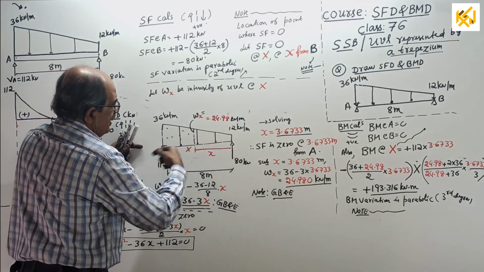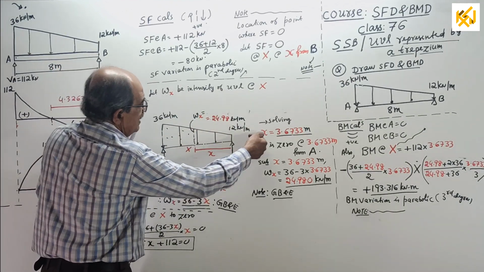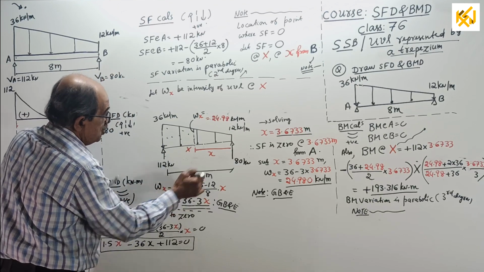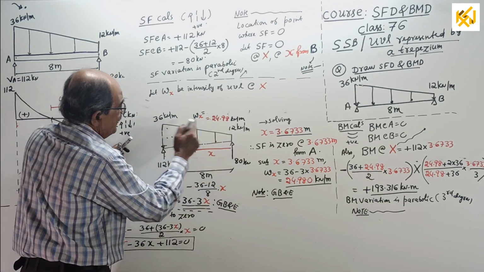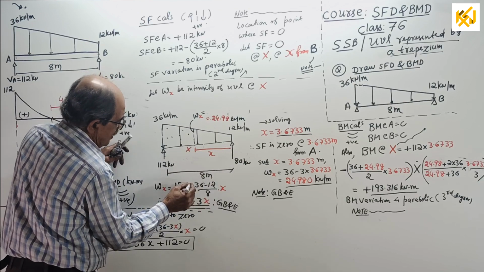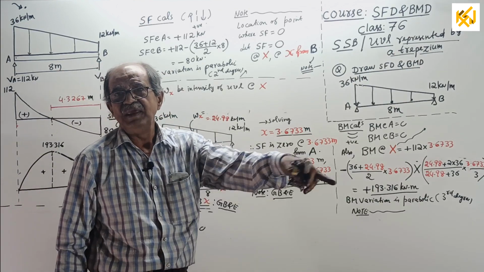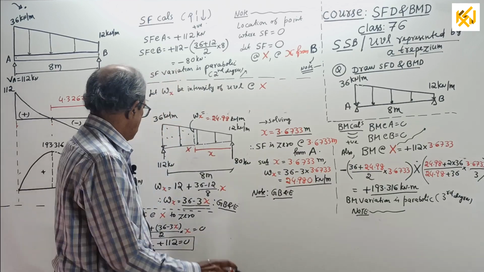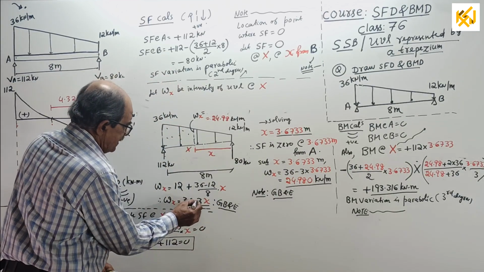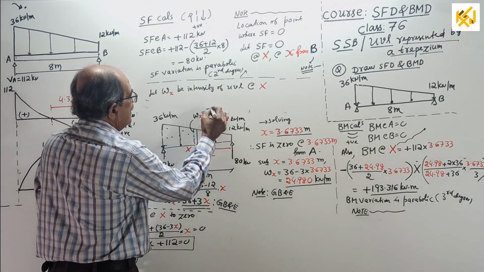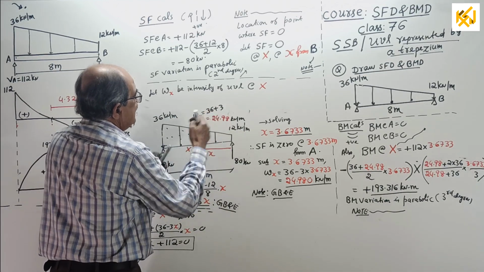Now, from here you are doing W suffix x equal to interpolation. Start from here, not 36, 12 plus (36 minus 12) by 8 into x. Mathematical concept class number 3 will complete your clarification. This will come 36 plus 3x. Go back and enter 36 plus 3 times x.